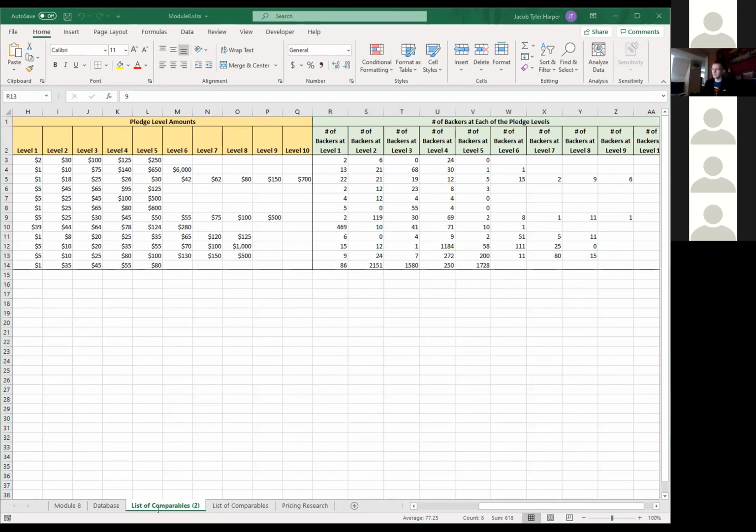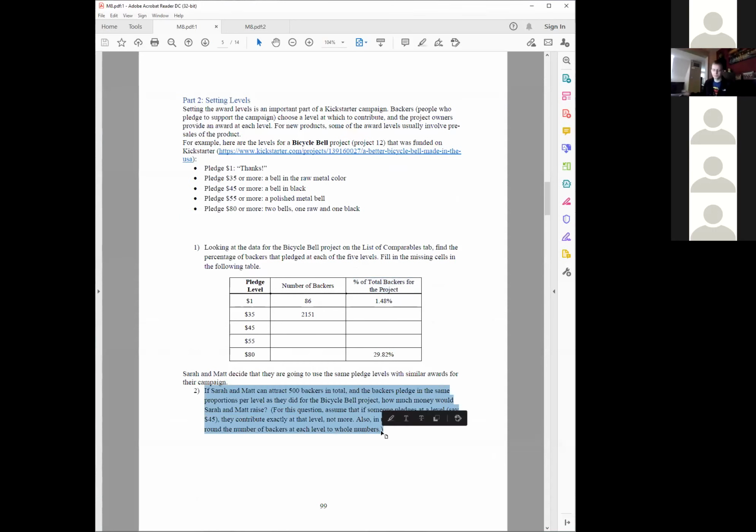Then what they're going to be asking us to do is we have these two hypothetical people, Sarah and Matt, that are trying to essentially copy these products, and they think they can get 500 backers. Maybe they've done some research. They have this many people that have responded that they are likely to donate to this product. Now, if we know there's 500 backers, we need to somehow translate into how much money that is going to raise.